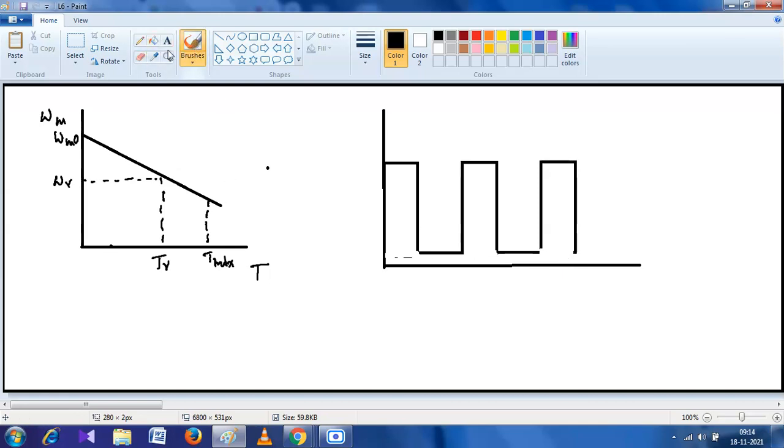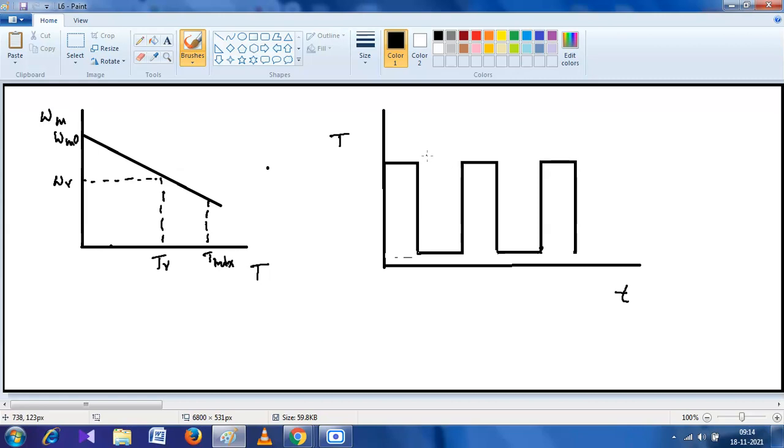In the x-axis we plot time, and in the y-axis we plot the torque.